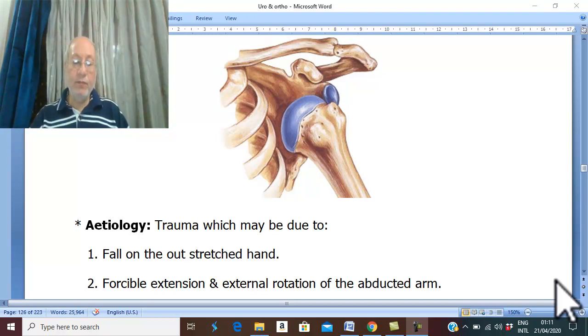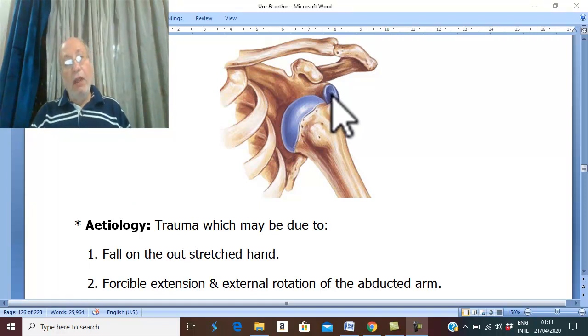First of all, this is the dislocation of shoulder. First of all, compare the articular surface. Shoulder joint is the articulation between the glenoid cavity and the head of the humerus.